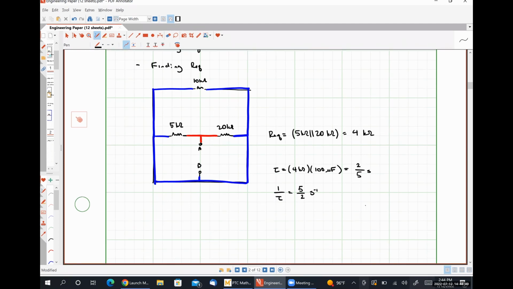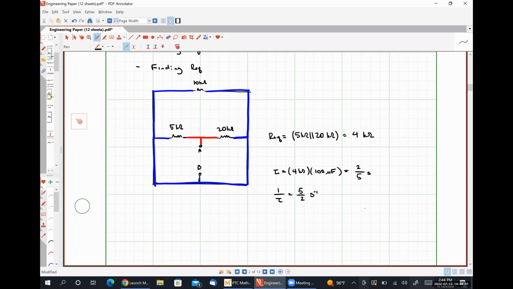So if we drew this out the old school way, like we did at the very beginning of class, here's terminal A, here's terminal B. Between A and B, we have our 5 kiloohm resistor.